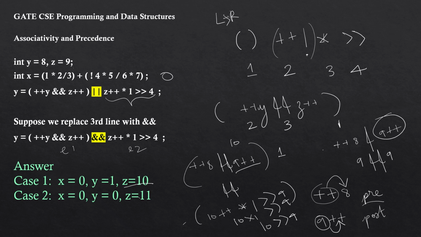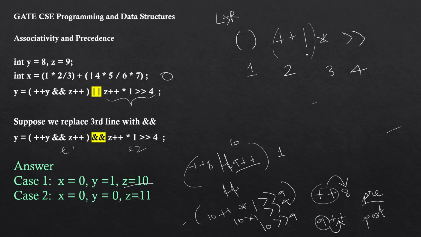So here, there are two types of shift operators. One is the left shift and one is the right shift. This is left shift, this is right shift. So what is the shift operator doing? Suppose you have some value like 1, 0, 0.